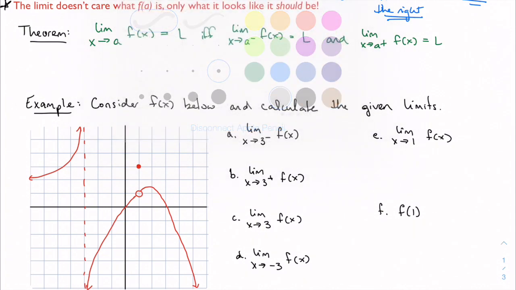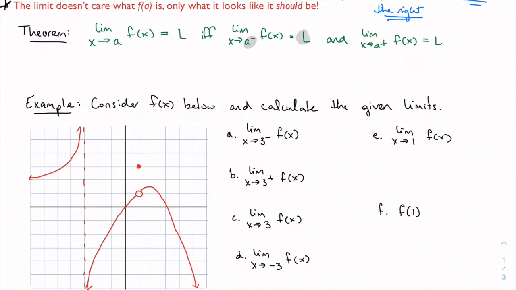You notice here that the limit from the left is L and the limit from the right is L, so therefore the limit overall is L. Otherwise, we say the limit does not exist.